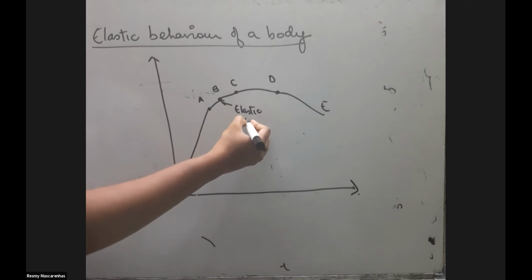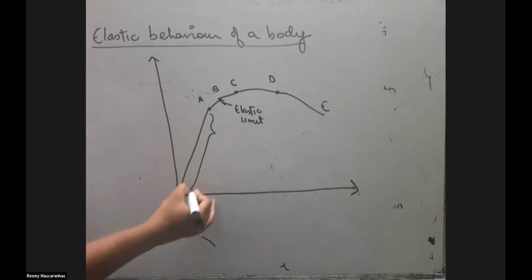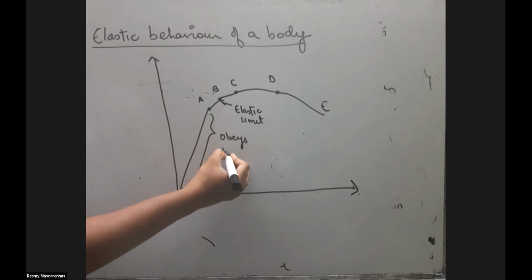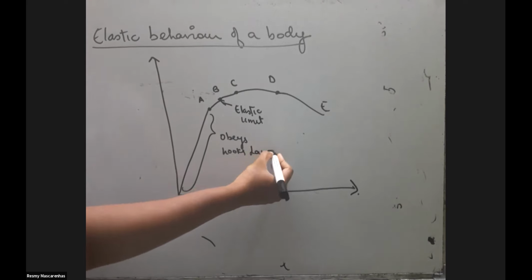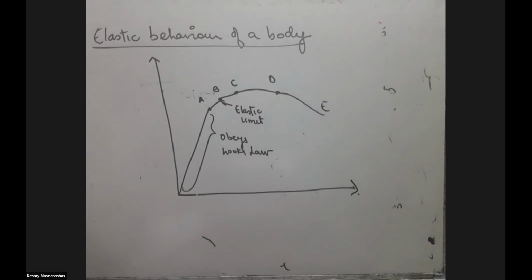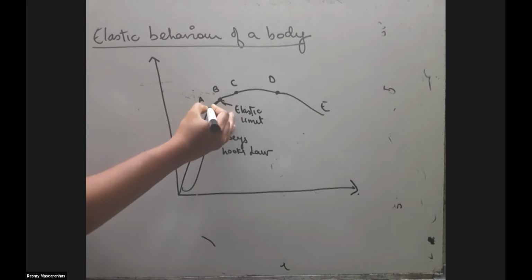This is called elastic limit. It obeys Hooke's law. It's almost straight, like a slight bend, but almost straight.